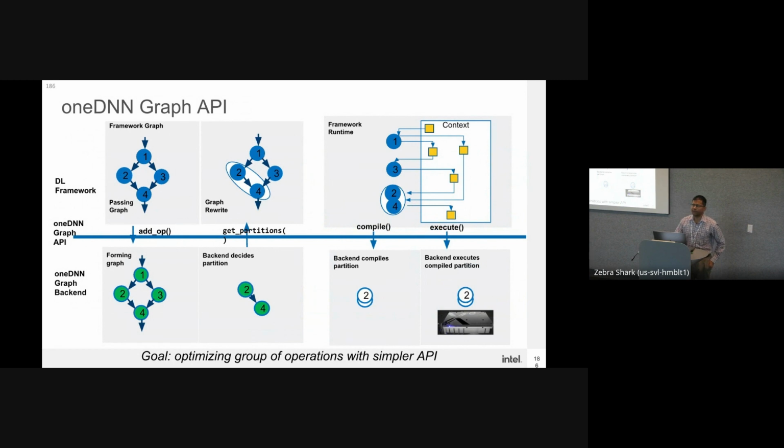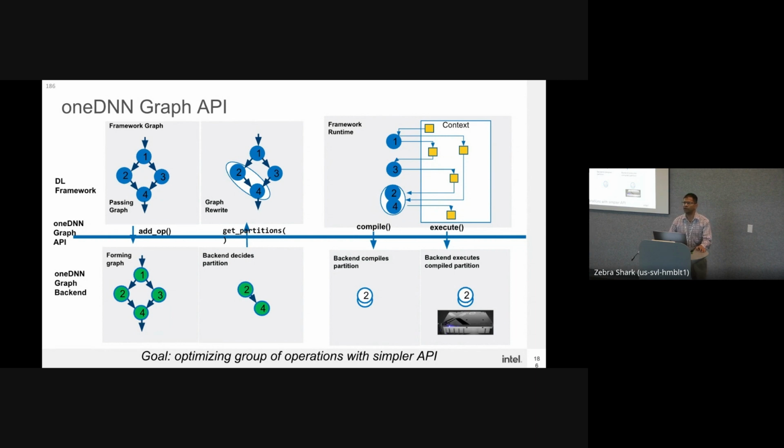We have recently extended the oneDNN library to provide the oneDNN Graph API. The goal here is to optimize a group of operations with a simpler API. For example, you can see at the top that the framework computes a computational graph, and that graph can be translated into another graph, which is called the oneDNN graph backend, by using the graph API.